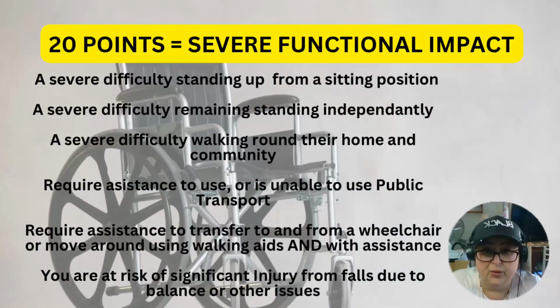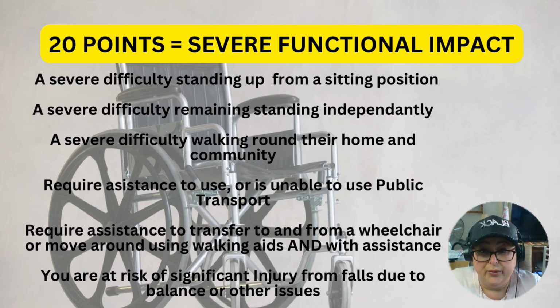The 20-point score on this table, which is again severe functional impact, means that you have difficulties with standing up from a sitting position, standing independently, walking around your home and your community. You may require assistance to use public transport, or you are unable to use public transport at all.